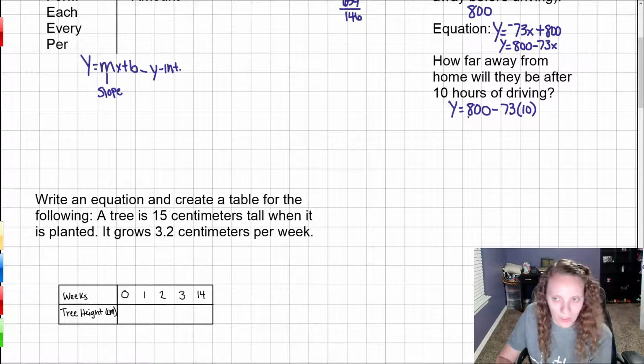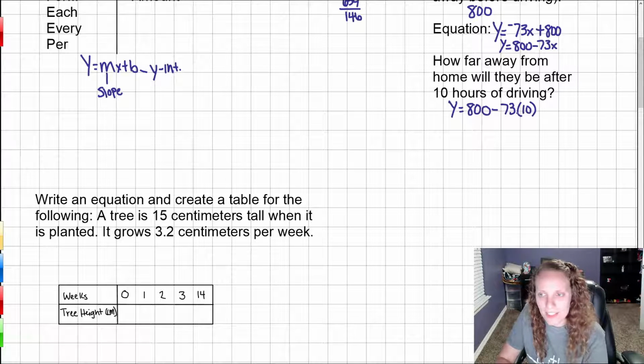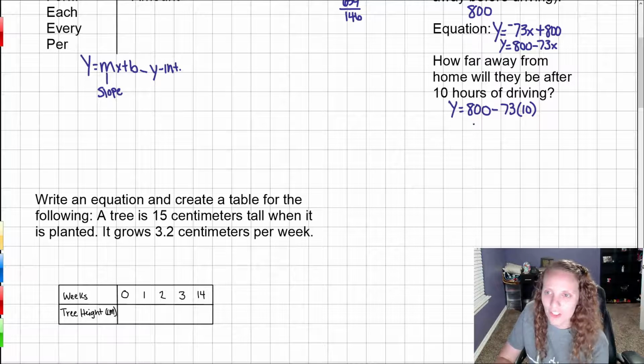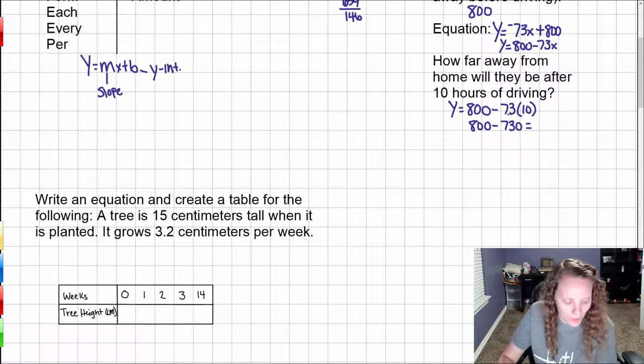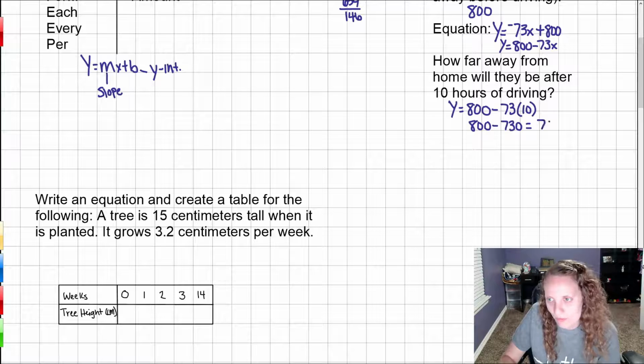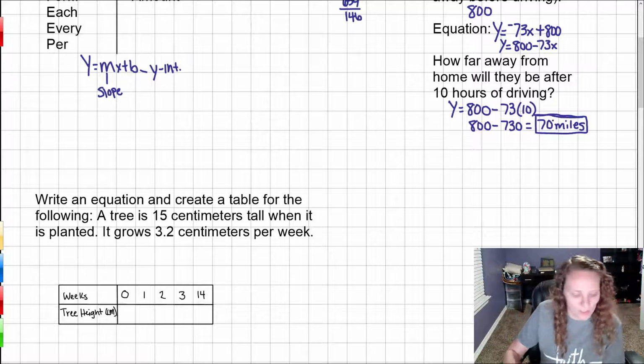Well, 73 times 10 here is 730, and then we would take 800 and subtract 730, and then that would be equal to 70 miles. So after 10 hours of driving, they would still have 70 miles left to go.